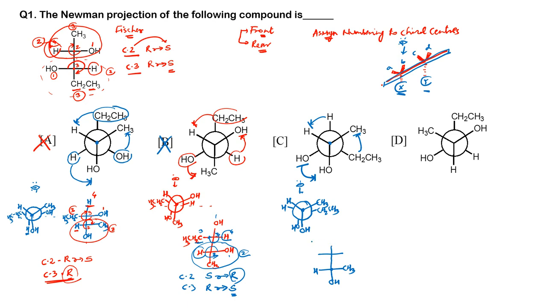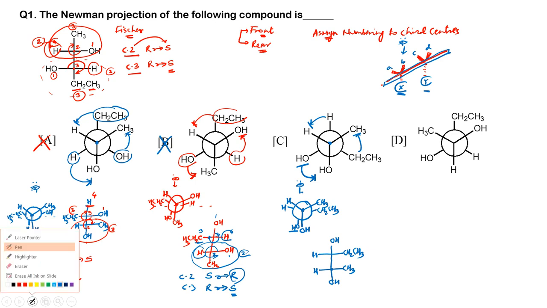For the rear carbon again, this OH will be at the top, CH2, CH3 is at the right side, hydrogen on the left hand side. So here again we'll find out the absolute configuration. So this is C2, this is C3.